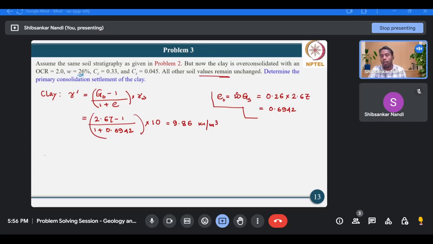So how can you calculate the pre-consolidation pressure? You can calculate this pre-consolidation pressure, if we denote it by sigma c prime, from the OCR value. Now OCR is nothing but over consolidation ratio. Now what is over consolidation ratio?